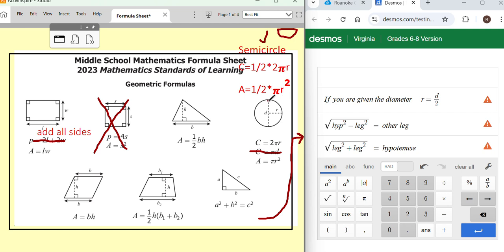Okay? The thing here is to look at this figure of a circle. The diameter starts at one end and goes all the way through the center to the other side. It can be this way, it can be this way, it doesn't matter, but it goes from one side to the other, passing through the center point. A radius is from the center out to the edge.